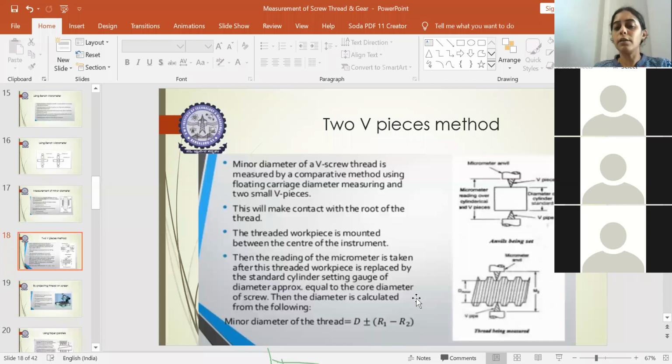If there is no difference between R1 minus R2, then the standard cylindrical object you used is exactly accurate without any errors. It means you are achieving the value of the screw thread with respect to the standard without any deviation. If you have deviation, it shows you the plus or minus value. So this is the 2V piece method.